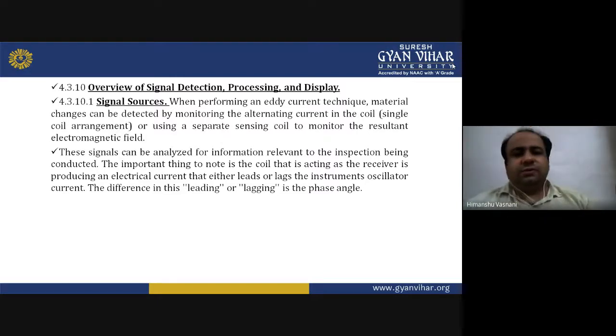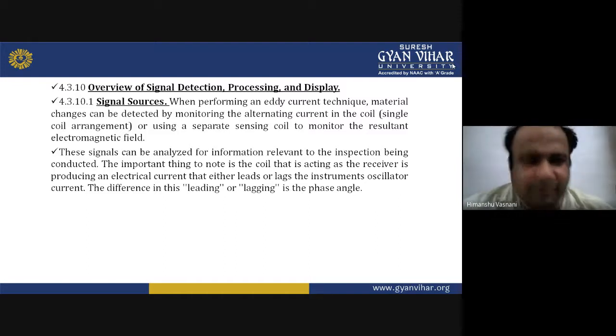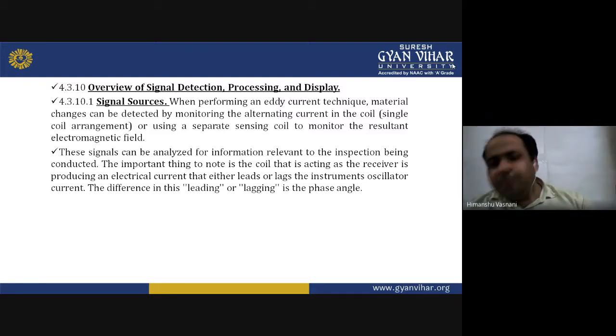Now, signal sources. When performing an eddy current technique, material changes can be detected by monitoring the alternating current in the coil, like in a single coil arrangement, or by using a separate sensing coil to monitor the resultant electromagnetic field.